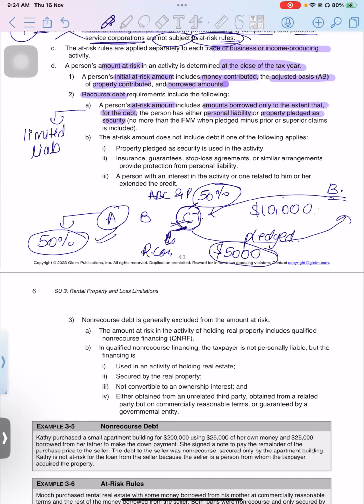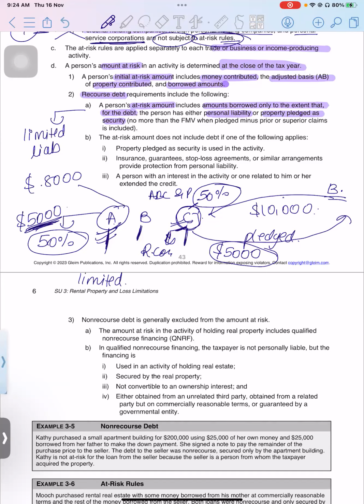Got it, guys? Recourse, non-recourse, we will see again in detail in the partnership chapter. But right now, just understand the concept. Let's say A is a limited partner, B is a limited partner, but C is a general partner. Now, A is a limited partner. He will be liable for $5,000, but this will be limited up to his contribution amount. Let's say he has contributed $8,000.